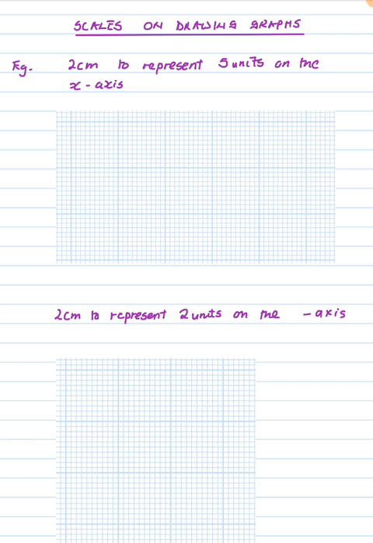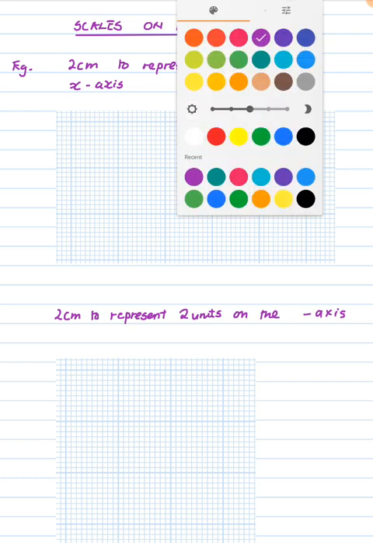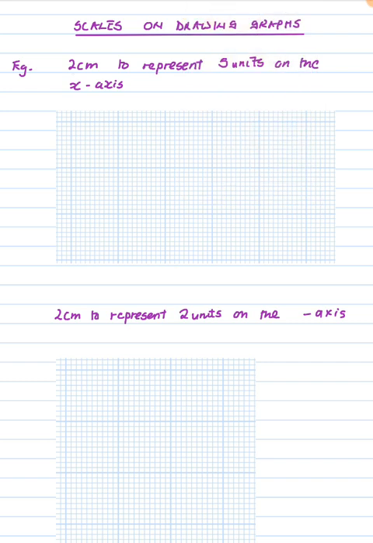So the first thing is, for example, you will be given maybe 2 centimeters to represent 5 units on the x-axis. So what we need to understand first of all is which 2 centimeters we are talking about.